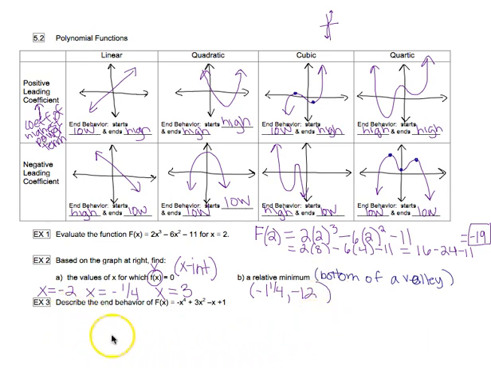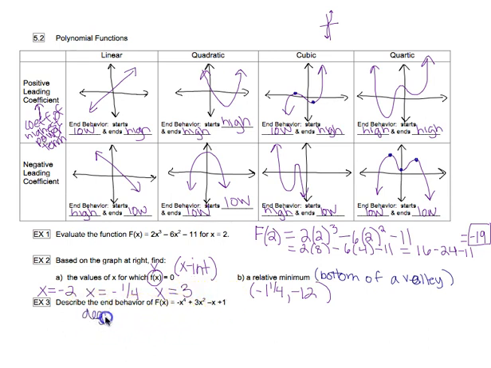Example 3, describe the end behavior of f of x equals negative x to the fourth plus 3x squared minus x plus 1. So we talked about end behavior when we had the graph. Now we need to be able to decide that based only on the equation. So really all you need to do is use what's in this chart, because the highest power that I see in this polynomial is 4.